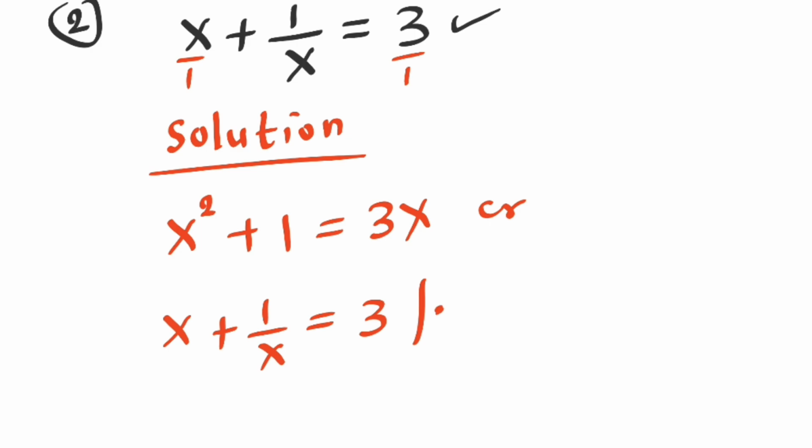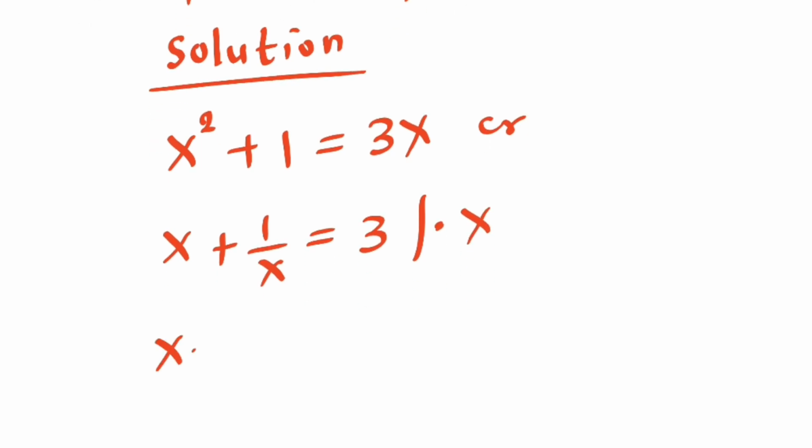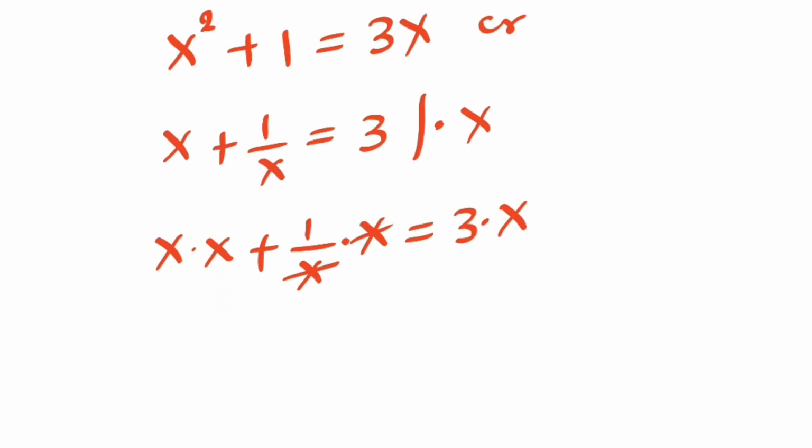Or we have s plus 1 over s is equal to 3. If you multiply the whole of the equation by s, we have s multiplied by s plus 1 over s multiplied by s is equal to 3 multiplied by s. This cancels this. S times s square plus 1 is equal to 3 times s, 3s.